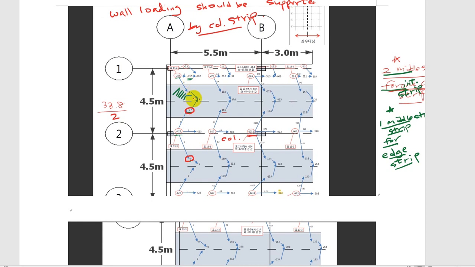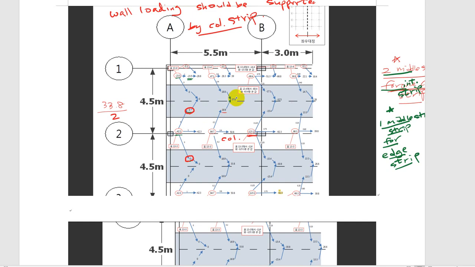Take a look at this middle strip, it is one middle strip. We're going to design this as one beam later. So we want to add all the numbers that were recorded on this middle strip, even if the numbers came from different column strips, right?